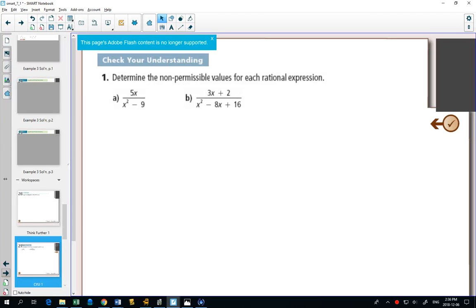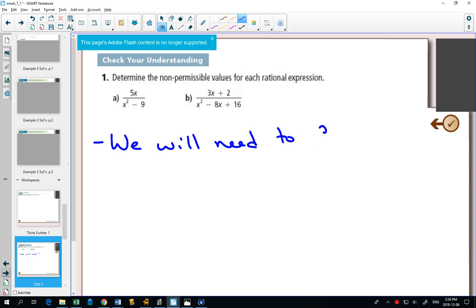Example 1. Determine the non-permissible values for each rational expression. In order to do this, we're going to need to factor the denominator, because this is going to be connected to our solving quadratics unit.